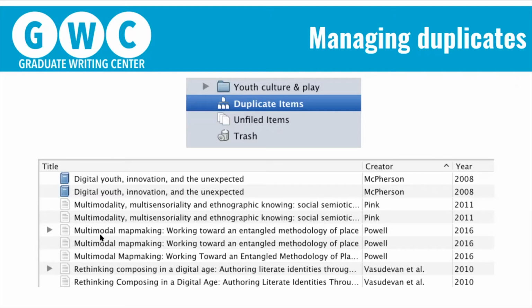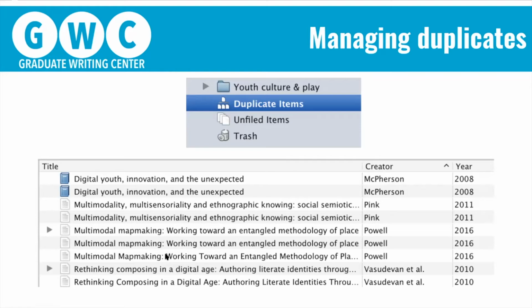So you will get something like this. What I love about this particular feature is that you will see laid out within Zotero the particular references that you have duplicates of. So you can see here that I have 2 of this file right here. I have 2 of this Pink article.